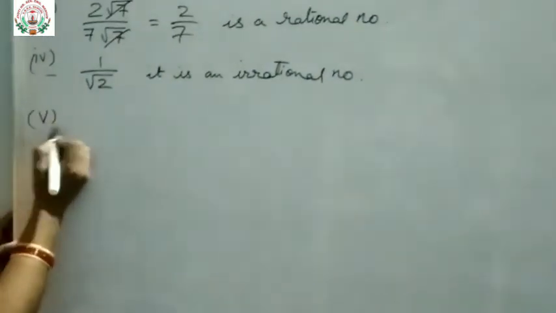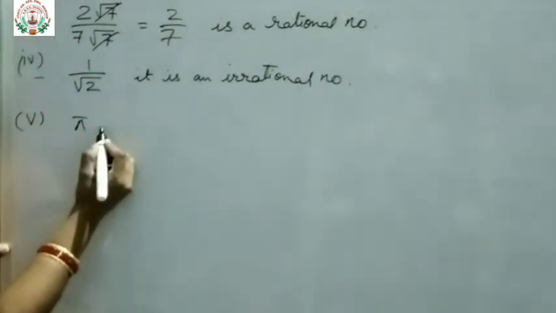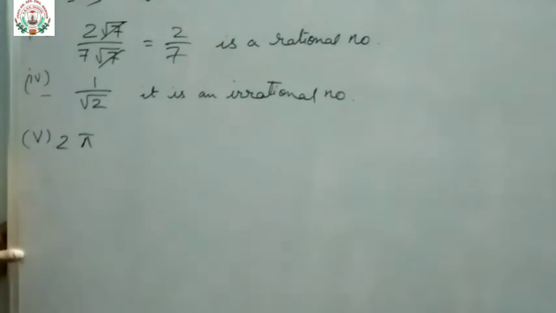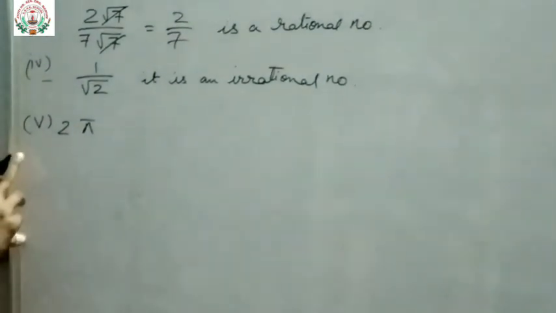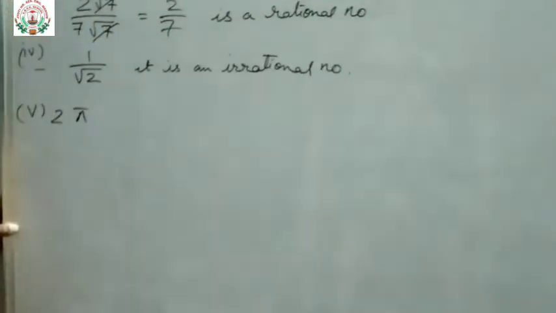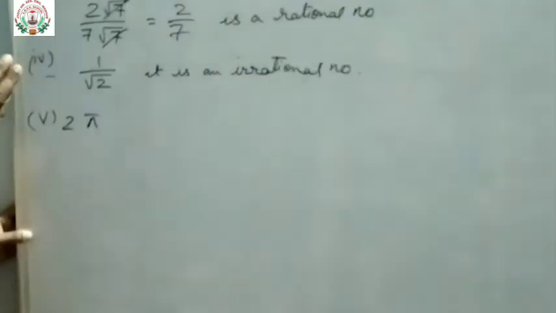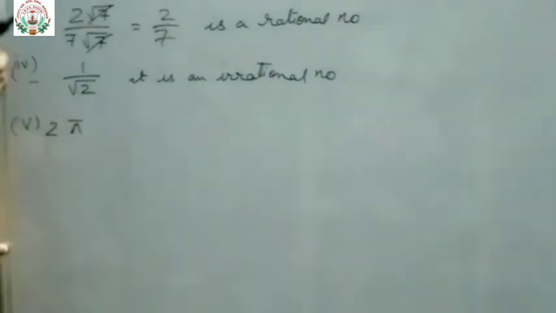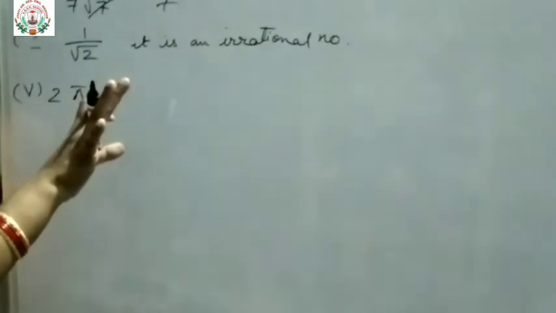Then comes the pi value. You know that 2 pi. The pi value we know is 3.14 and so on, which means it is non-terminating and non-recurring. So it is an irrational number. Pi is an irrational number, we know that. On dividing 22 upon 7 you will see that it is neither terminating nor recurring, meaning the digits are not repeated.